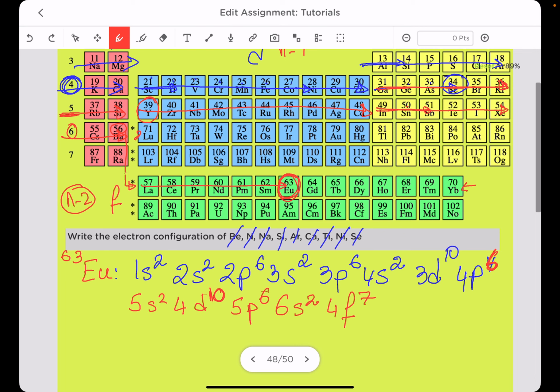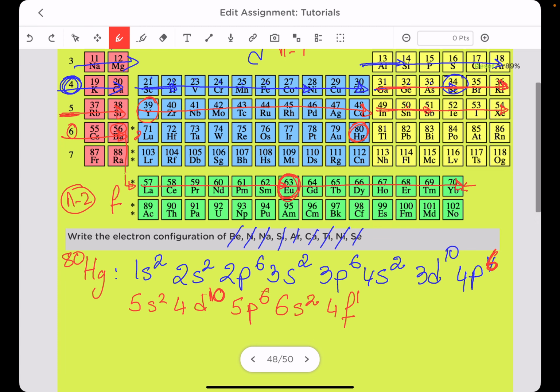Now, another example. Let's say you are asked to write the electron configuration of mercury, which is 80. So let's write here 80. So what you're going to do, just follow the numbers of your periodic table. You're going to write the same electron configuration, and instead of stopping at 4f, you're going to go all the way through the f. And if you count these boxes, they're 14.